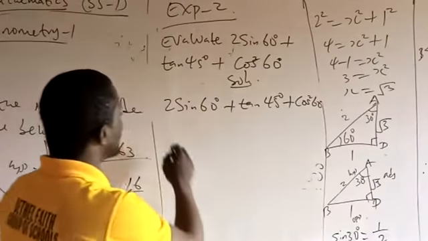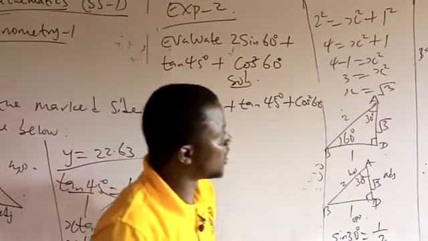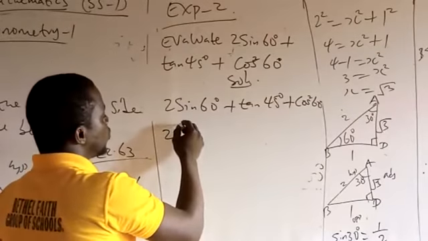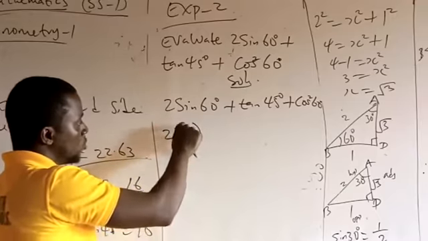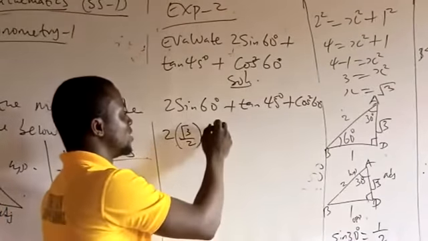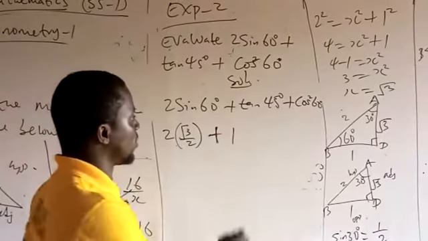So this is 2 multiplied by sine 60. What's our sine 60? Sine 60 gives us root 3 over 2. So in brackets, root 3 over 2. 2 times root 3 over 2 is sine 60. Plus, what is tan 45? It is 1.